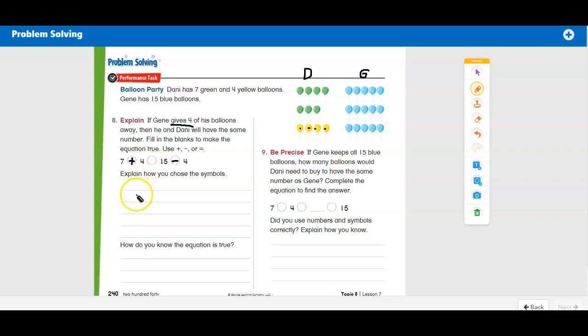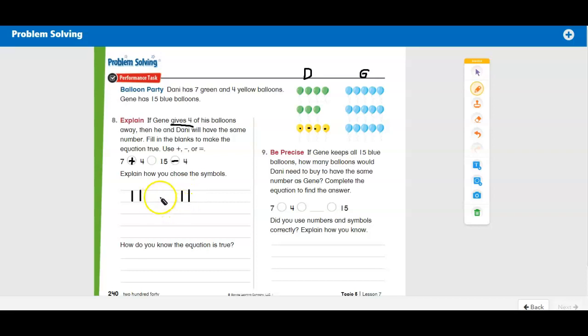So now we have 11 and 15 minus 4 is also 11. So what symbol would we need to put in the blank? Will we put a plus sign, a minus sign, or an equal sign? We know that 7 plus 4 is 11, and 15 minus 4 is also 11.